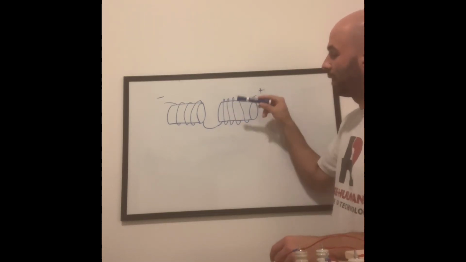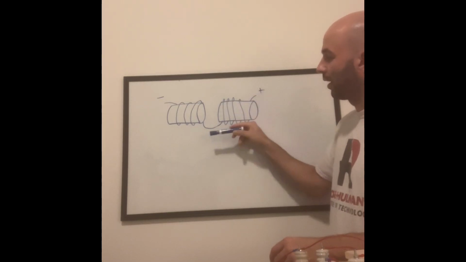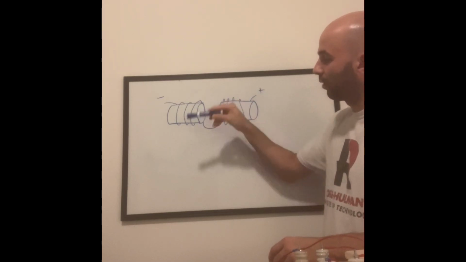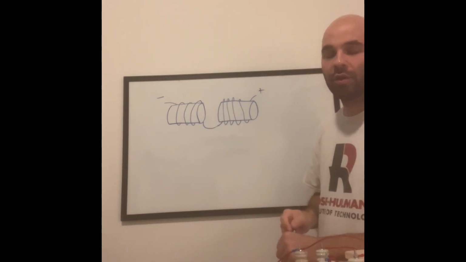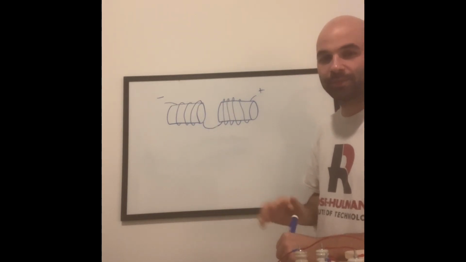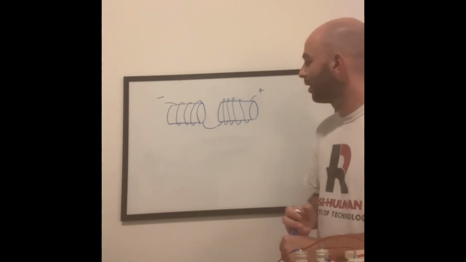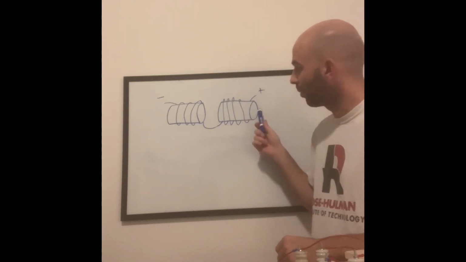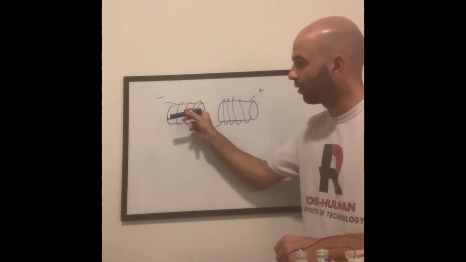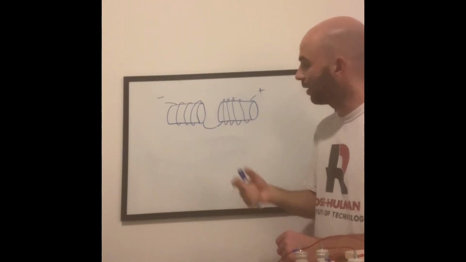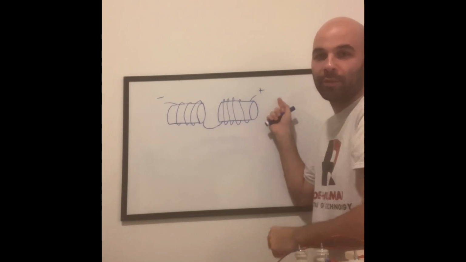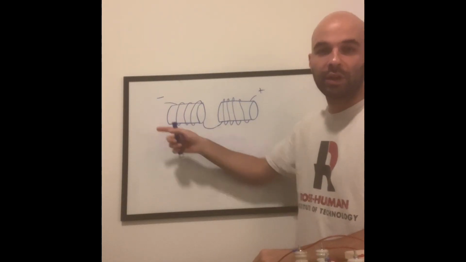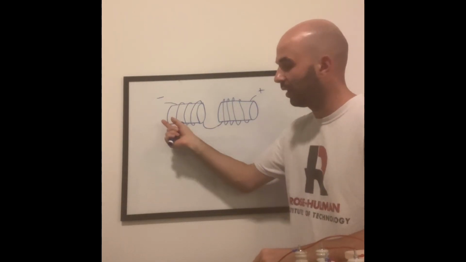So if you follow it, it goes clockwise here and then connects to the next coil and switches to counterclockwise. The reason for doing this, I'm still thinking about, but when you put a current into this coil going this direction, you're still going to get this potential gradient from the highest voltage to the lowest voltage, going from this end to the other.